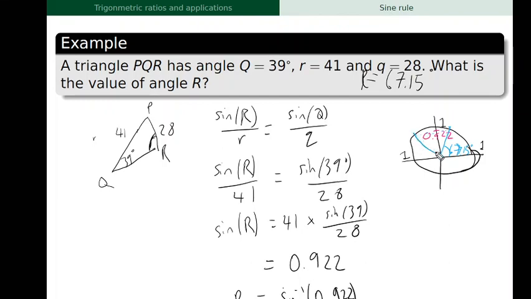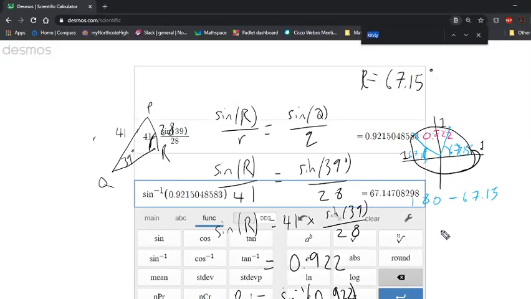But if you know your unit circle well, there's another angle out here that is bigger than 90 degrees, an obtuse angle. The easy way to get that is that this angle in here should also be 67.15. So our other angle will be 180 take 67.15.